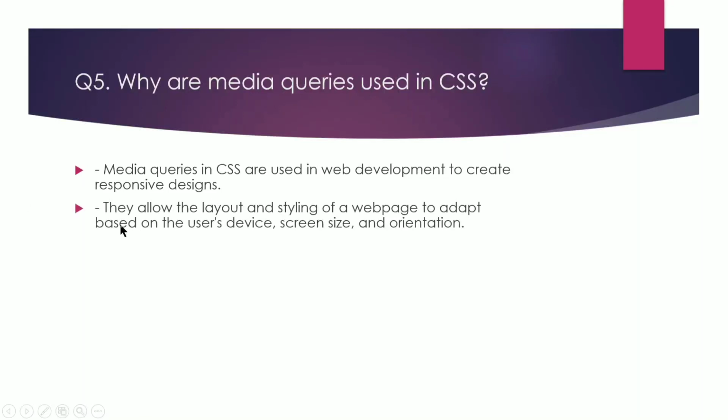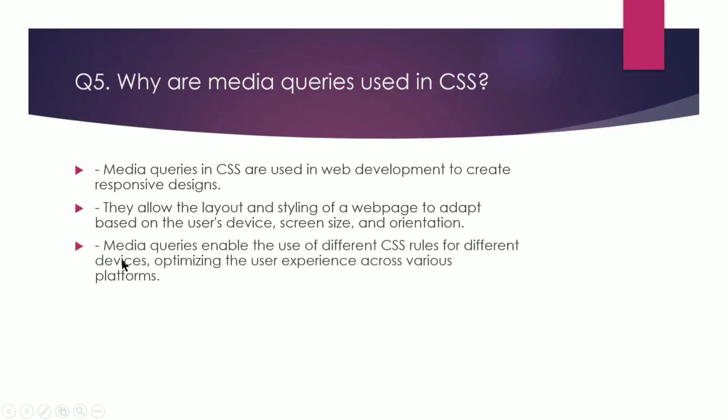Now let's move ahead. Let's see what else we have. They allow the layout and styling of a web page to adapt based on the user device, screen size, or orientation. So these are the things on which we can trigger some CSS. Media queries enable the use of different CSS rules for different devices, optimizing the user experience across various platforms.